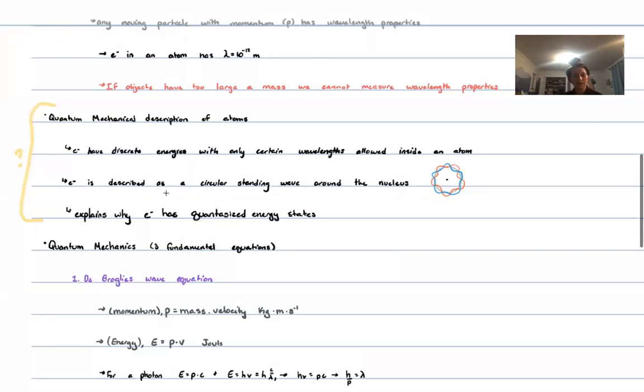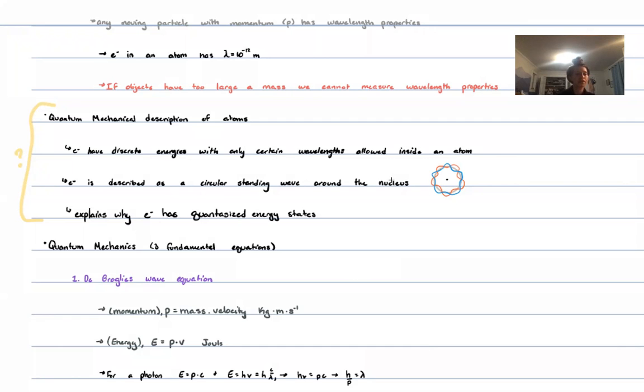He went over this reasonably quickly. It's just the quantum mechanical description. The whole idea was that electrons have discrete energies with only select wavelengths. And again, that's due to the electron only being able to jump a certain amount.